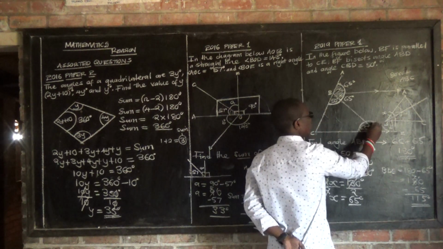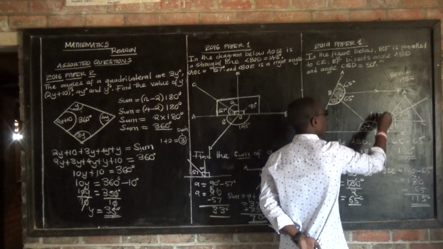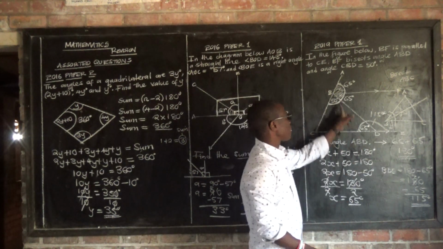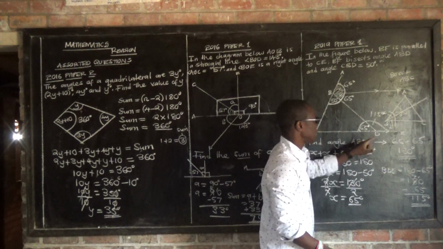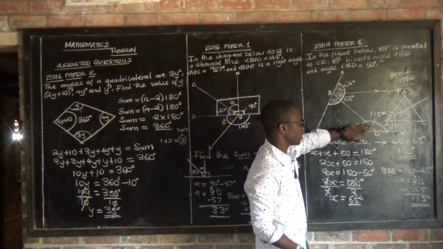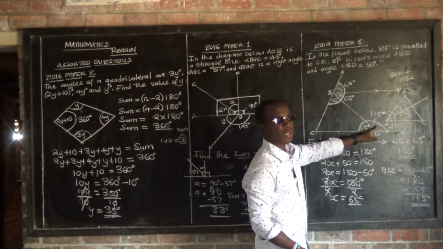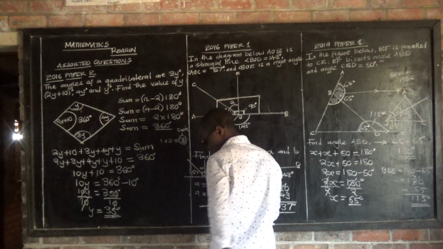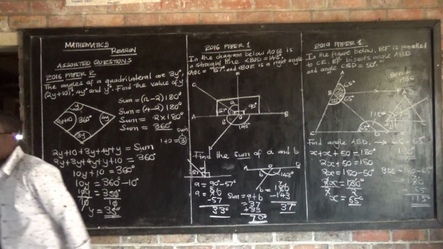So this one becomes 115. That is if we were being asked to find this angle BDE. Since it's 65 and these two add up to 180, just say 180 minus 65. Okay? So let's now proceed to the next question.